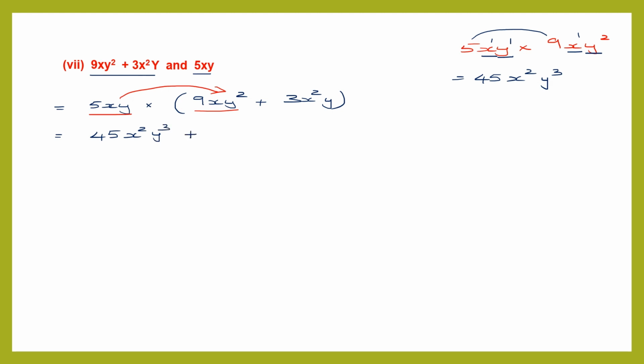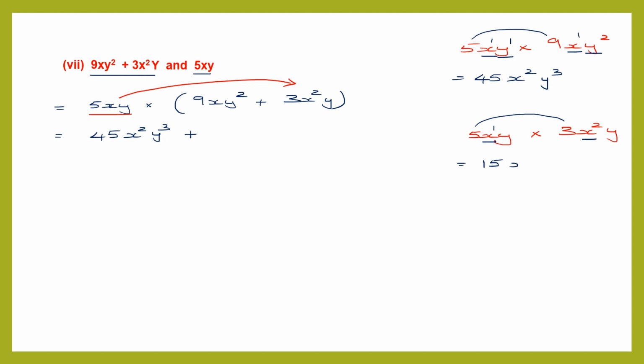Now we multiply with the second term. So the second term is, now we multiply 5xy into the second term, which is 3x square y. So 5xy into 3x square y. So first let's multiply the numbers. 5 into 3, that's 15. Let's look at x. Here we have 1 and here we have 2.